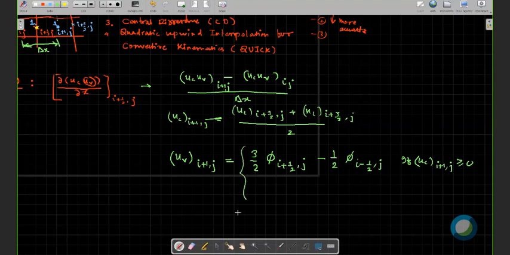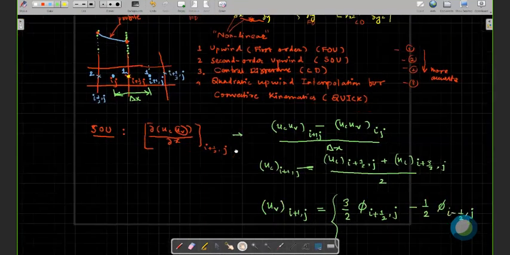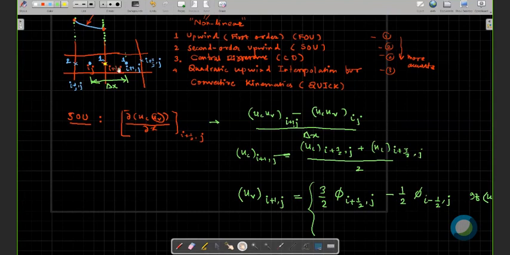Else, so what we are doing, we are taking I plus 1 and I minus half. If the value of u is greater than 0 here, else we will have to take different points. Else this point, the reverse points, these 2 points, point 1 and point 3 maybe.